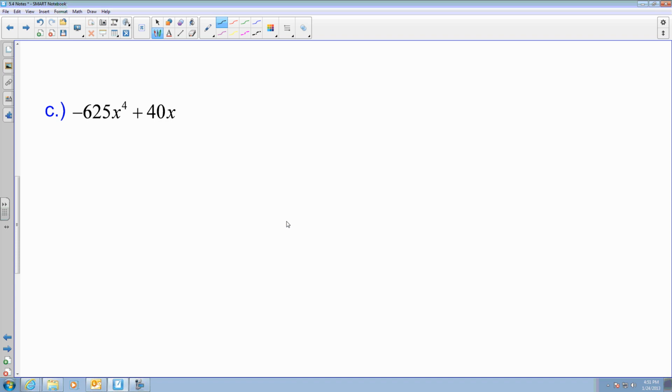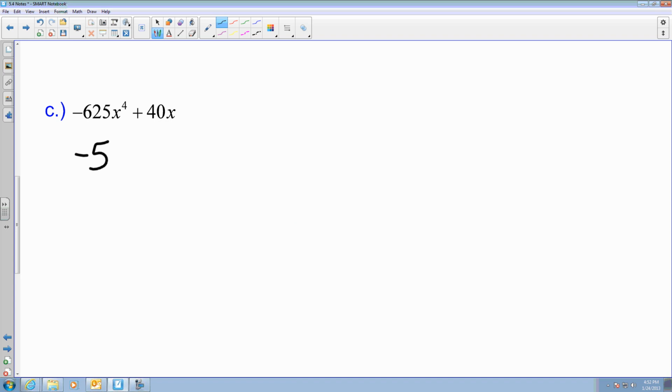Next example, I have negative 625x to the fourth plus 40x. I can factor out a negative 5x in this one because I like to keep my biggest degree positive if at all possible.